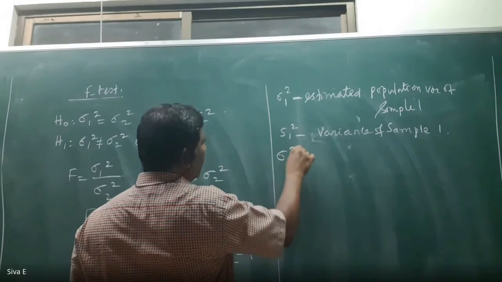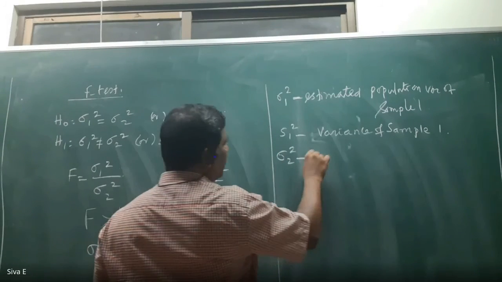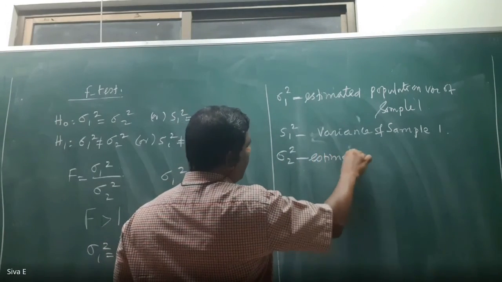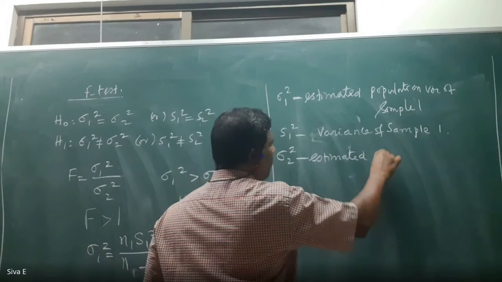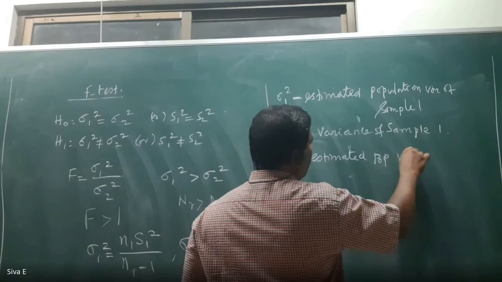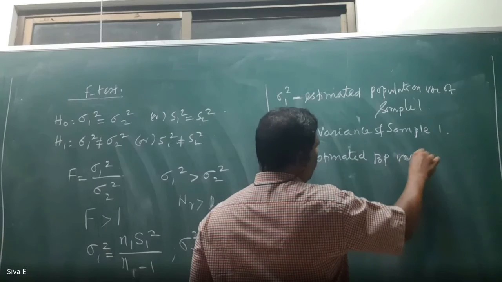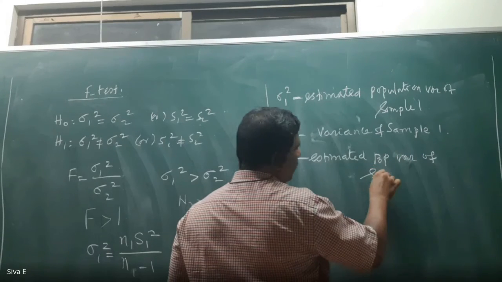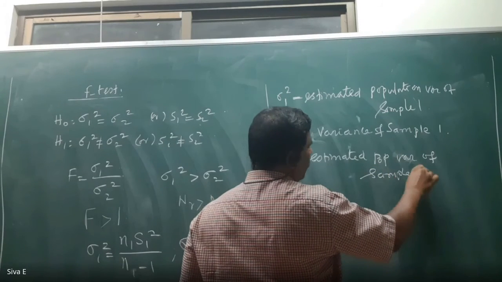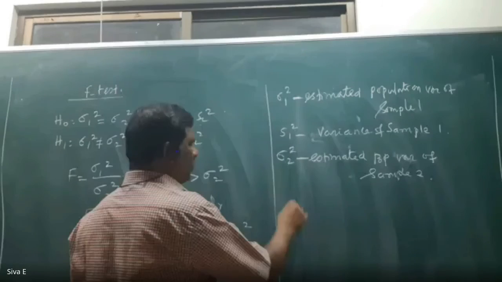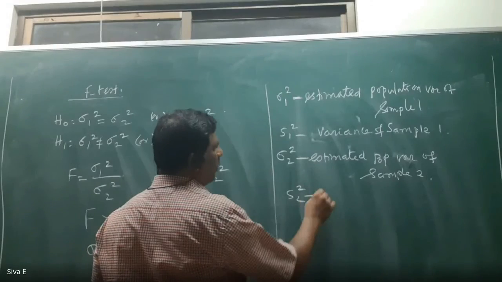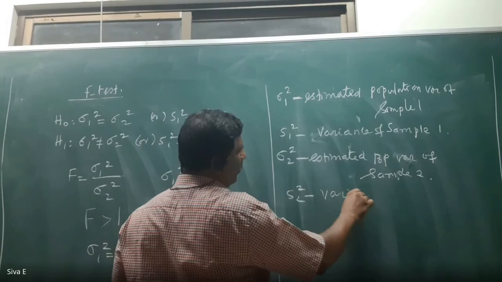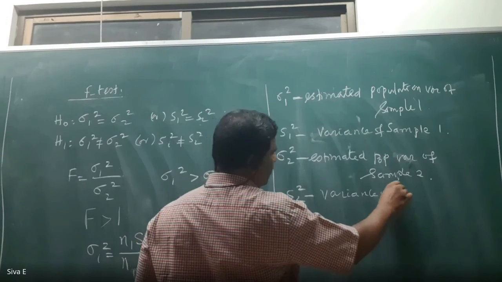Similarly, sigma 2 square is the estimated population variance of sample 2. S2 square is the variance of sample 2.